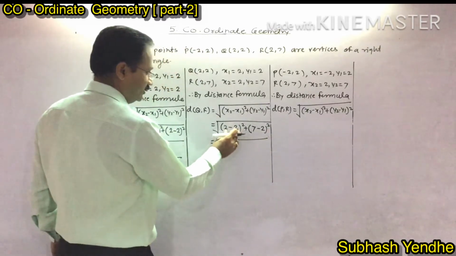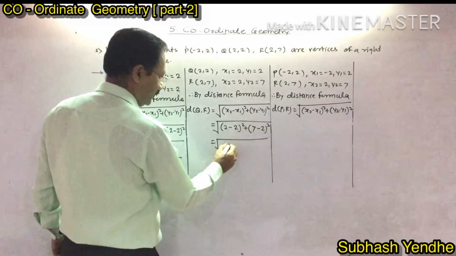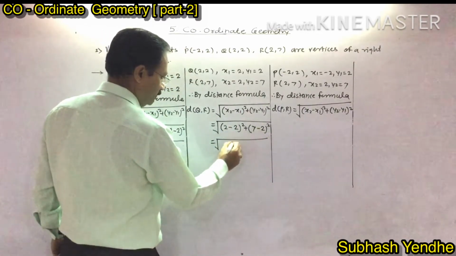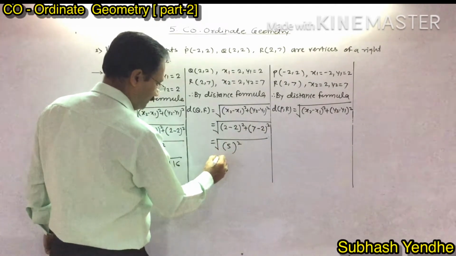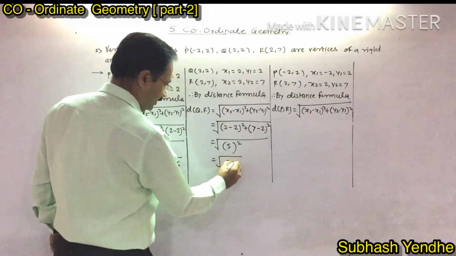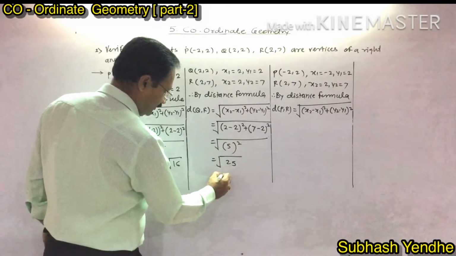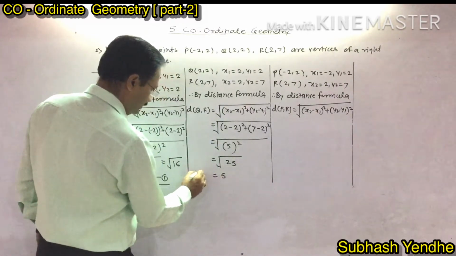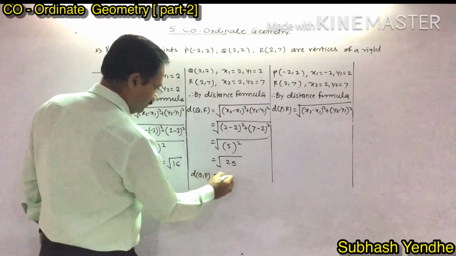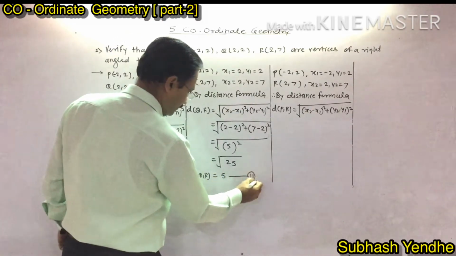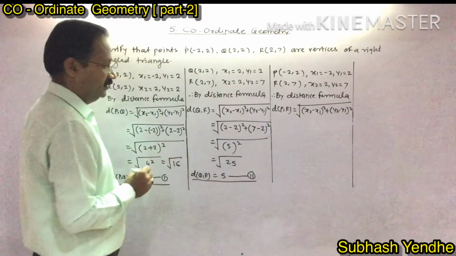So no need to write the 0. 7 minus 2 is 5. 5 square. 5 square is 25. 25 root is 5. So it means distance QR equals to 5. Give the number second to this one.